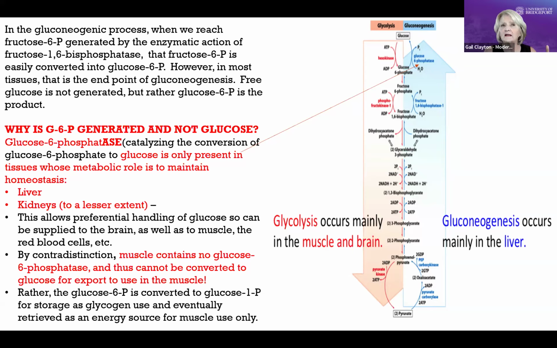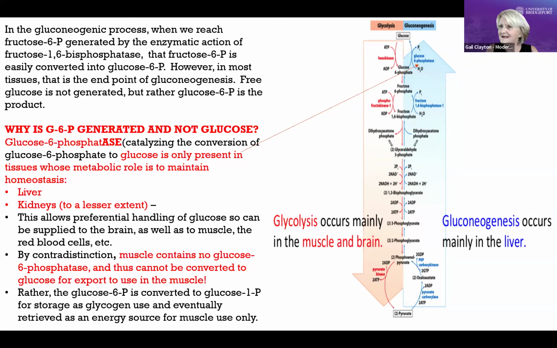And if you think about it, it just kind of makes sense, because what if you're running down the street or doing some high aerobic activity, and you've depleted your glycogen stores, and you're running on fuels, and so then you have this glucose 6 phosphate in the muscle.